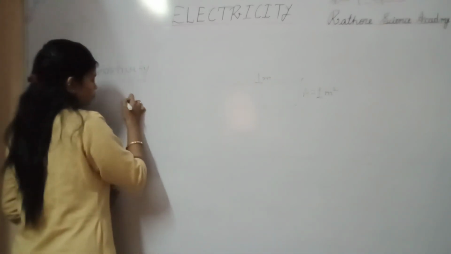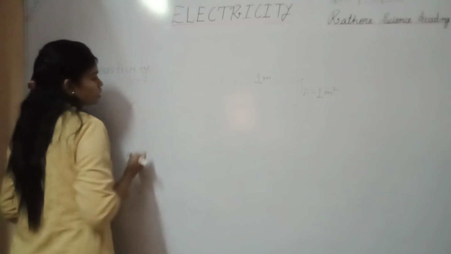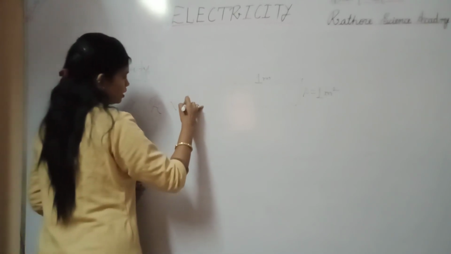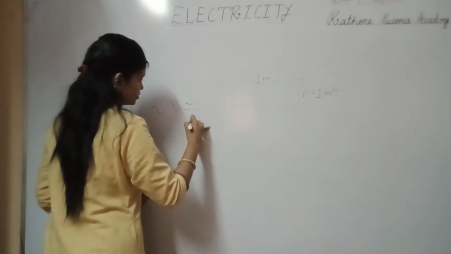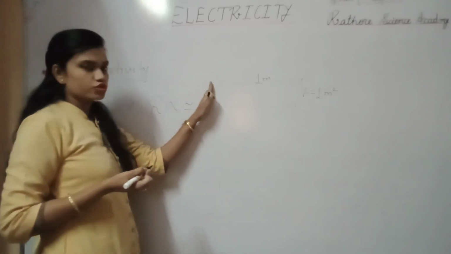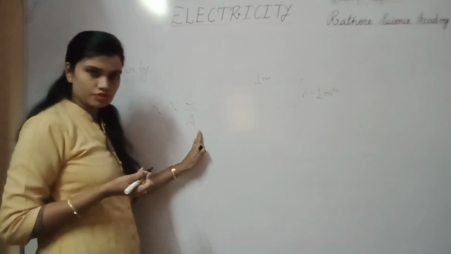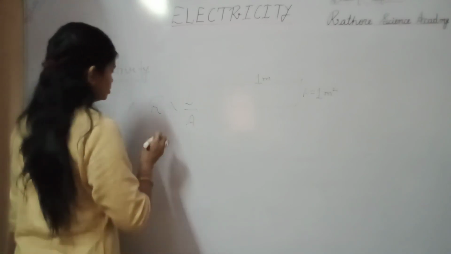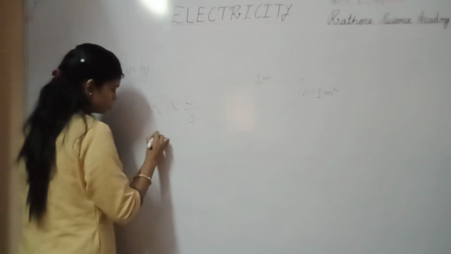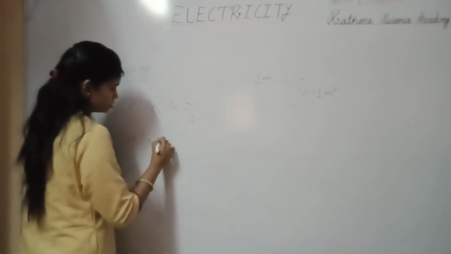We know about resistance, that we have discussed, in the factors, that R is directly proportional to the length of the wire, and R is inversely proportional to the area of cross section, that is, R is proportional to L by A. When we remove the sign of proportionality, we get a constant. What kind of constant?